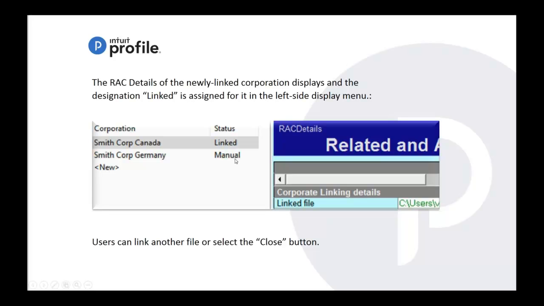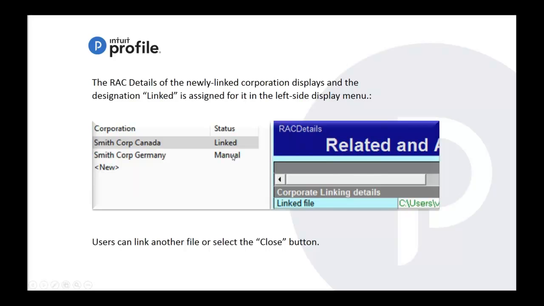As I spoke about the statuses, you may get a linked or a manual. Manual is if you manually inputted it in, and if you link the file using that option that we just spoke about, it will come up as linked. If you ever come across, say for example, this Germany corporation comes up as manual and linked, there's a possibility that you may have created it manually and then used the link option.